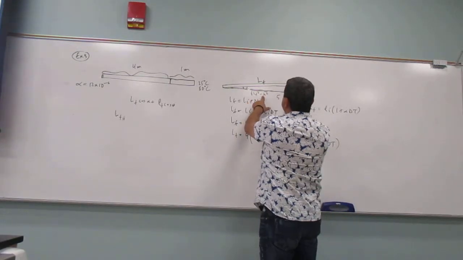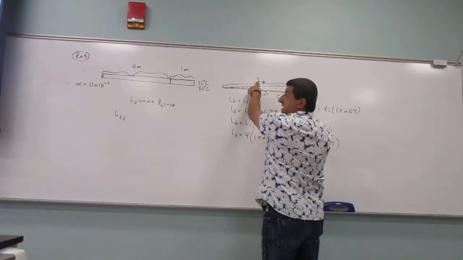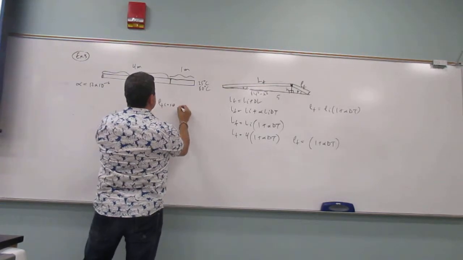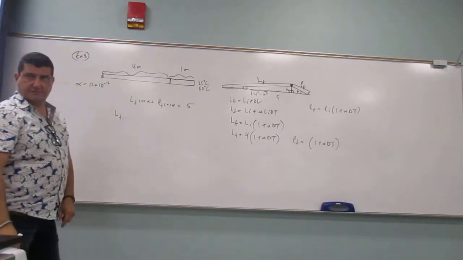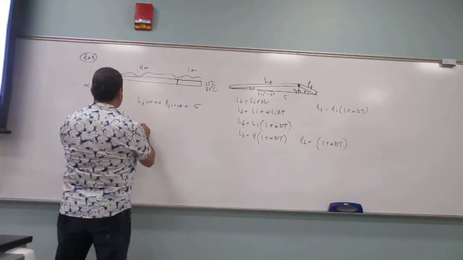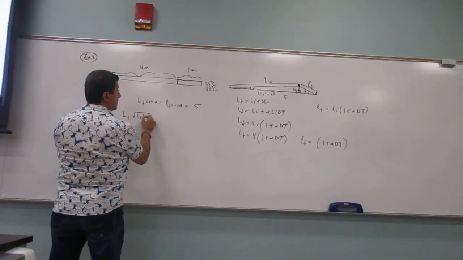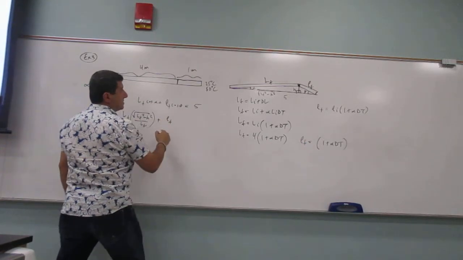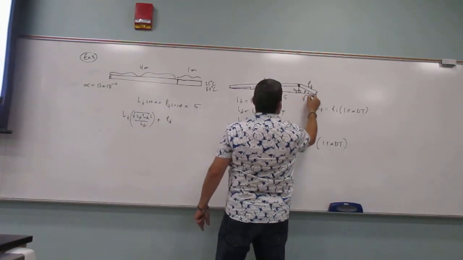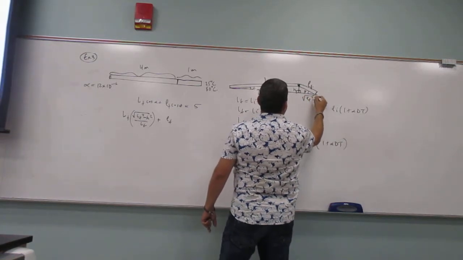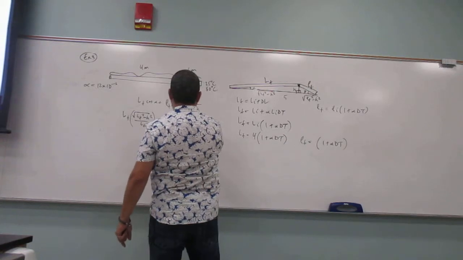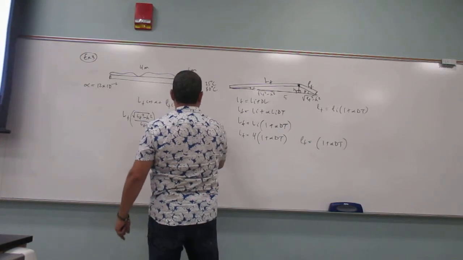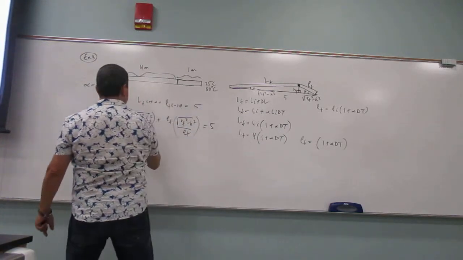So L final cosine alpha plus L final cosine theta must be equal to 5, and cosine alpha is the square root of L final squared minus h squared over L final, plus the same for theta. This cancels this.